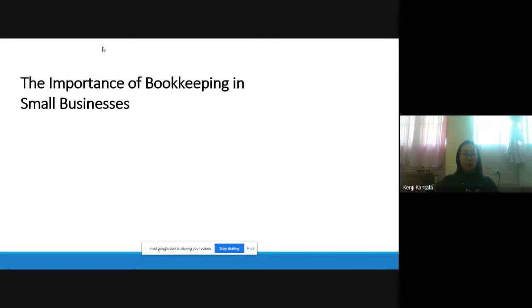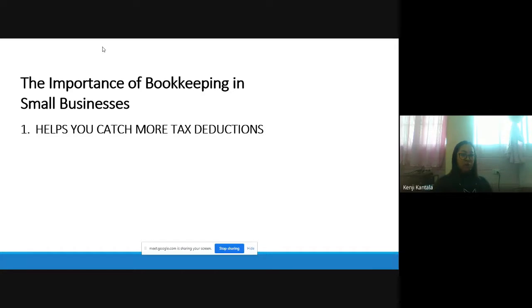Okay, so what is the importance of bookkeeping? Why is it important? Why do business owners, even though it is hard, still need to do this? Number one, it helps you catch more on tax deductions. Part of bookkeeping is keeping all of your records. What are those parts of the record? That includes your receipts, your contracts, all the documents involved with your business.